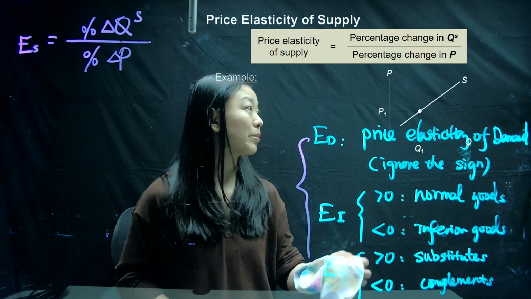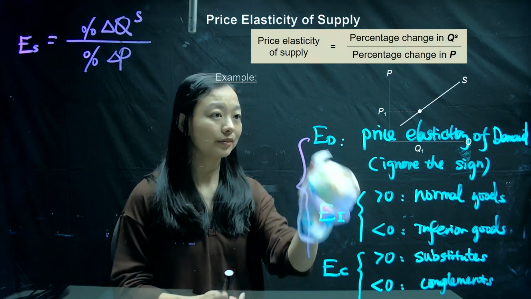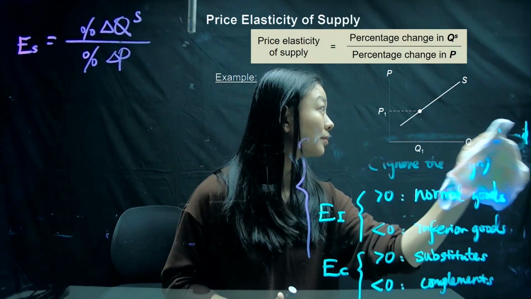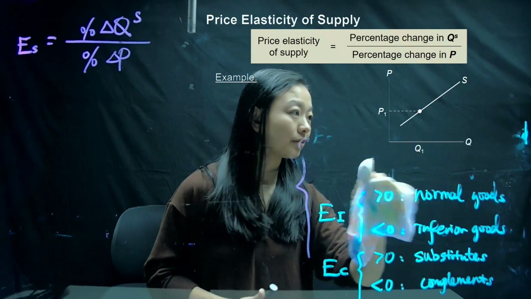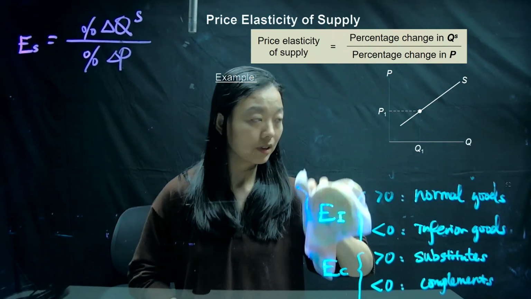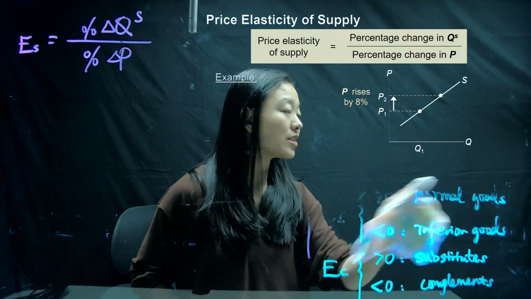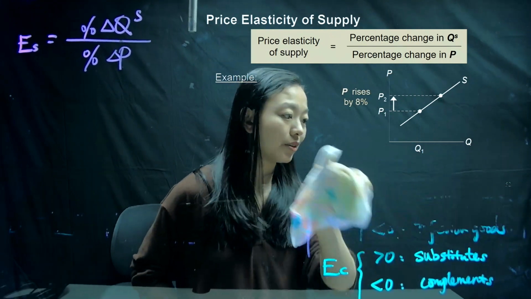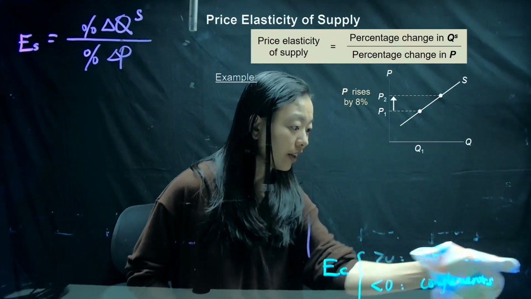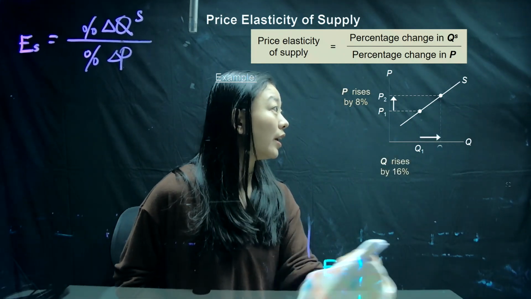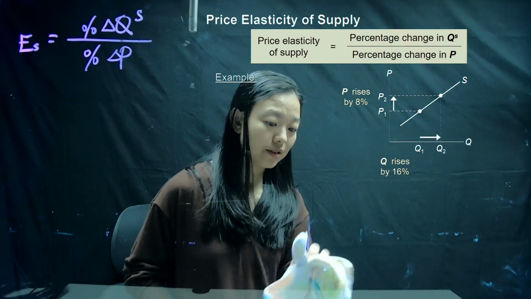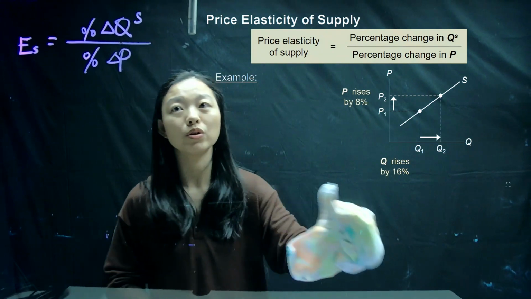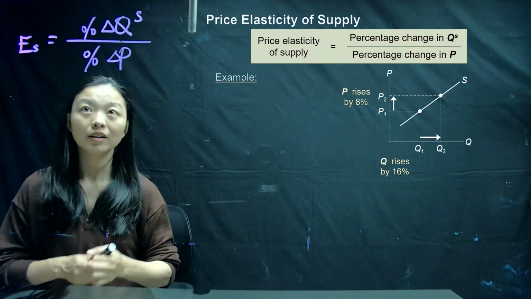Look at this example in this graph. The price increases by 8%, and the quantity supplied increases by 16%. From this example, can you tell me the price elasticity of supply?